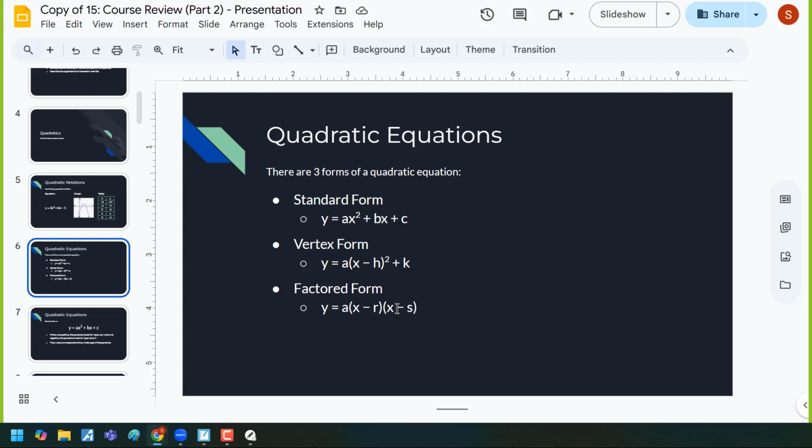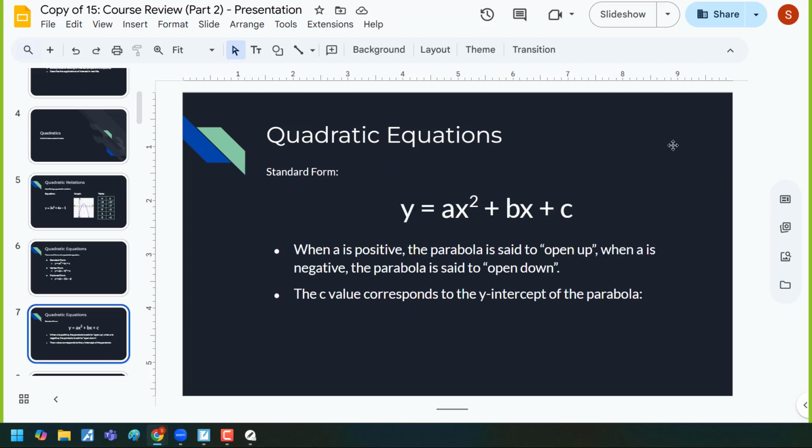Each one of these forms tells us pieces of information about that quadratic relation. In standard form, when a is positive, the parabola opens up. When a is negative, the parabola opens down. So we know from the a value alone whether the parabola from this equation is opening up or down. We also know the c value corresponds to the y-intercept of the parabola.